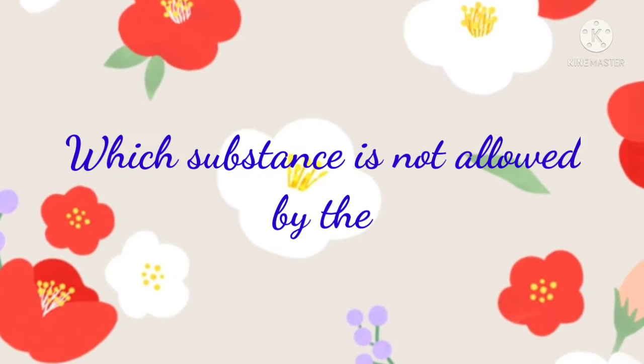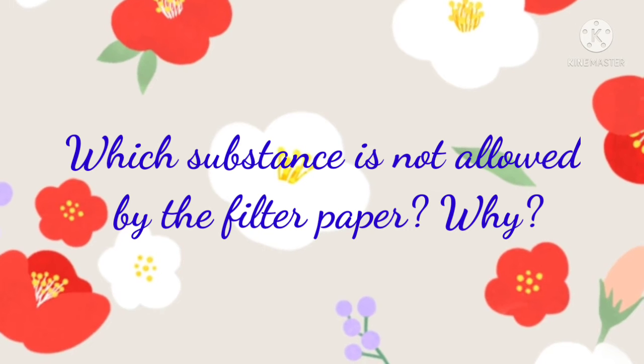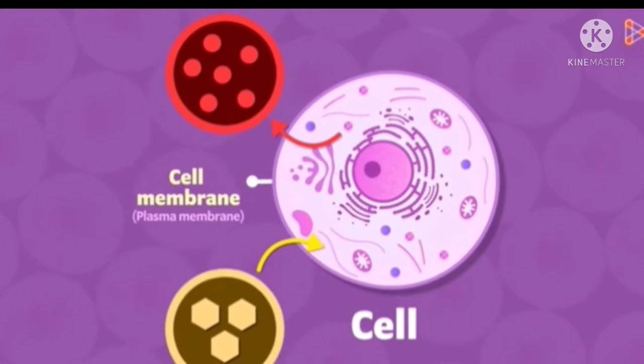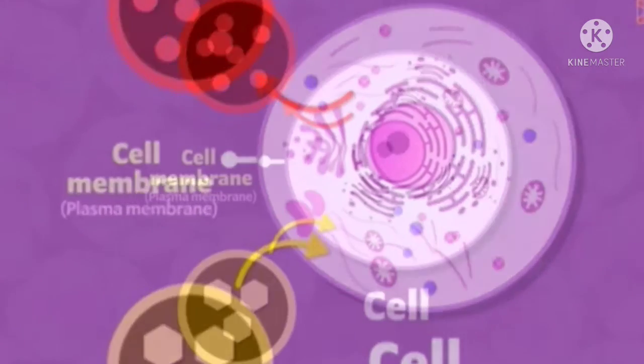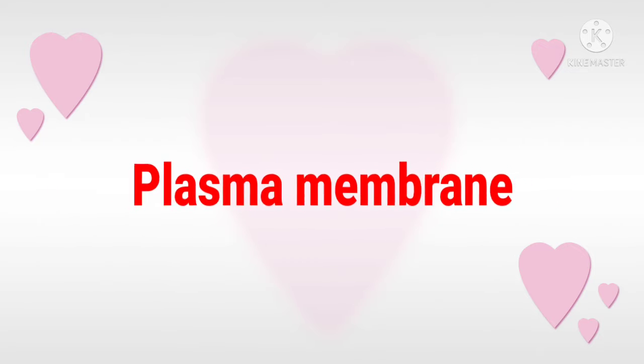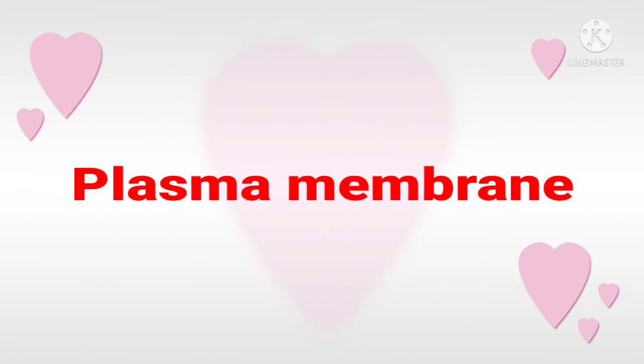Children, tell me which substance is not allowed by the filter paper and why? Guess children. Cells also act in the same way, and the membrane that allows substances to pass through is called the plasma membrane. Let us try to understand the nature of the plasma membrane.